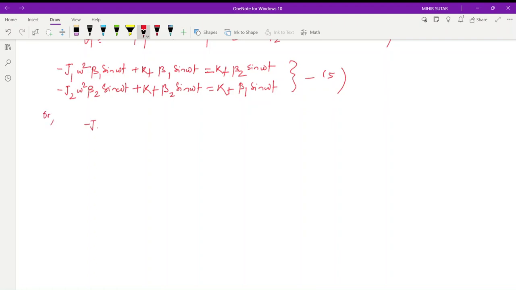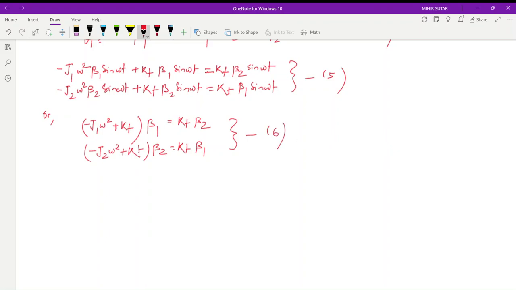So now we can further reduce this equation to minus J1 omega square plus Kt times beta 1 is equal to Kt beta 2, and minus J2 omega square plus Kt times beta 2 is equal to Kt beta 1. So let's say this is equation 6. Okay.